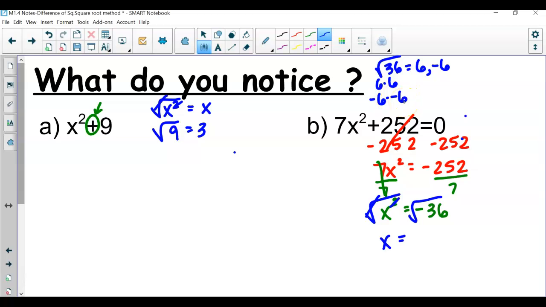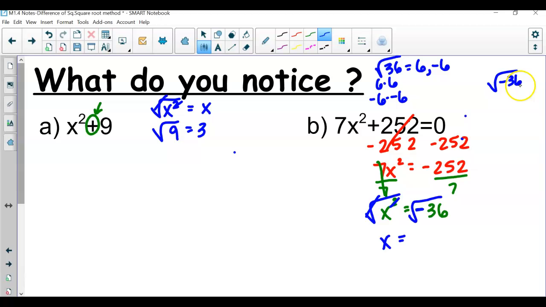Because we're multiplying the values to themselves. But can you multiply anything by itself that would get you a negative 36? No.